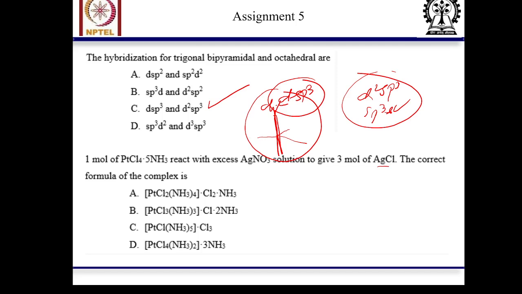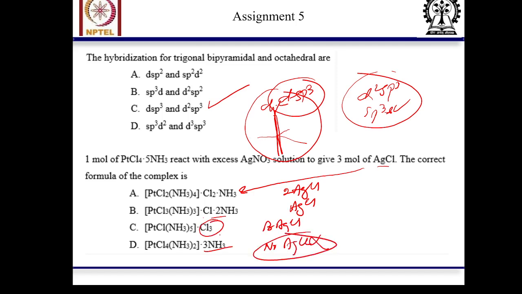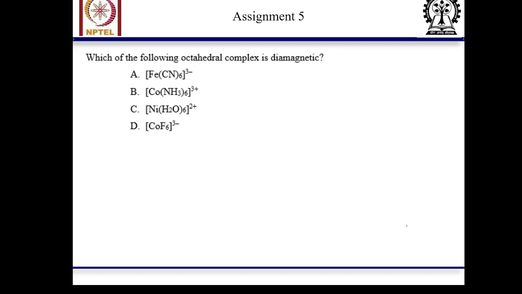So primary valency means ionic and non-directional. Suppose we react this with AgNO3, you will get 2 AgCl. Here you will get 1 AgCl. Here you will get 3 AgCl. Here you will get no AgCl precipitation, because here we don't have any primary valency chloride. The correct option is C.